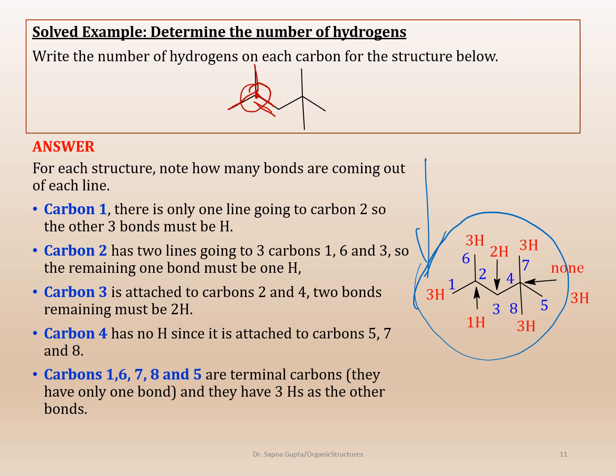If it has 4 bonds, there are no hydrogens there because it has 4 bonds already. This carbon has 1, 2, 3 bonds, which means that we'll have 1 hydrogen if there was a double bond there. So all you have to do is count the bonds, and whatever is remaining is going to be hydrogen, because hydrogen is invisible.